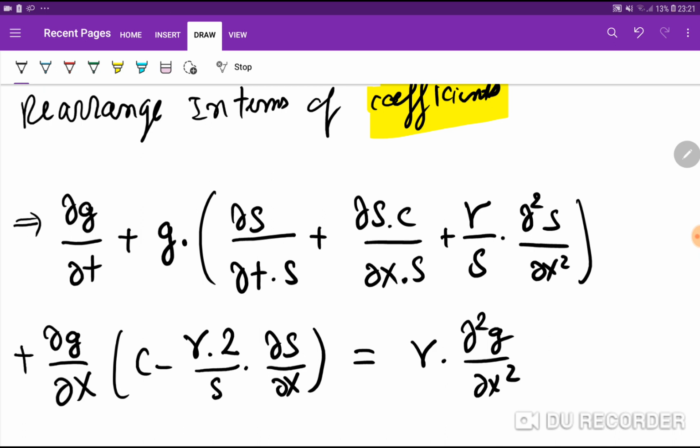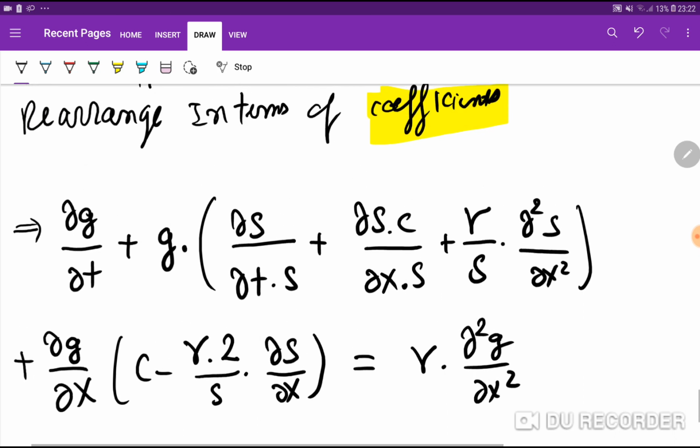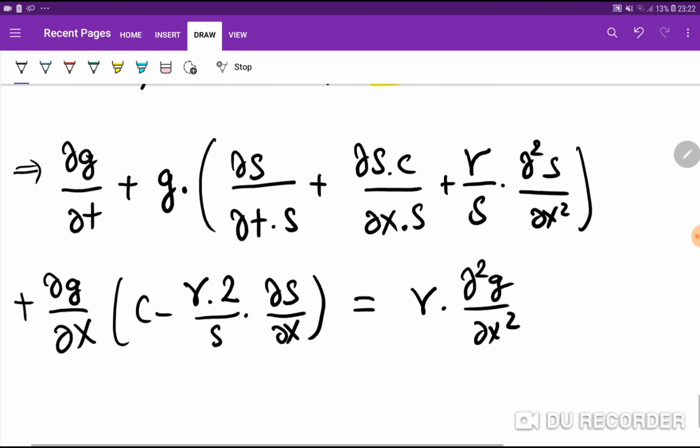Okay, so what is the next step? We want the coefficient to disappear, right? So what does it mean? It means that we want g and partial g with respect to x to go, because we just want the term with the second derivative with respect to x to remain, like I mentioned previously.